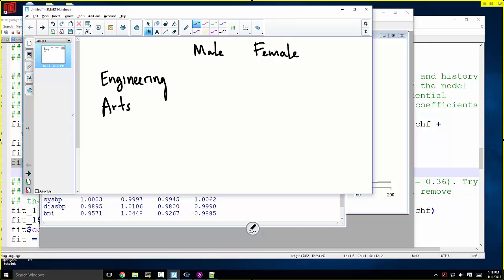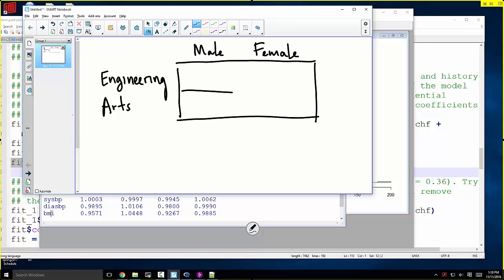So it is possible to create some data such that the data that we're going to have is average salary. So what's the average salary of males who graduated with engineering, females who graduated with engineering, and so on?